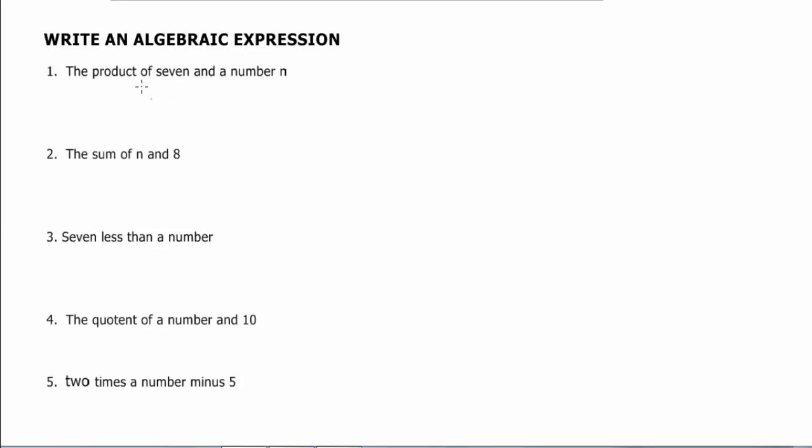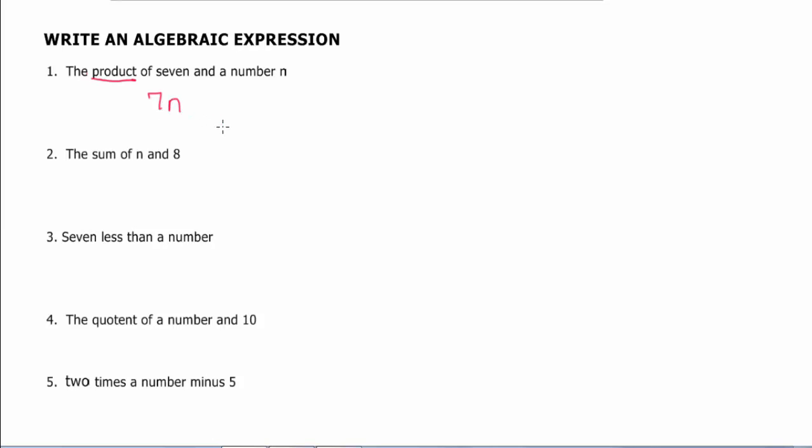Okay, so write an algebraic expression. You're just reading: the product of 7 and a number n. Product means multiplication. So it's the product of 7 and n, a number n.